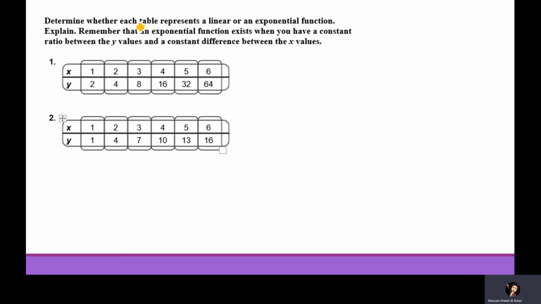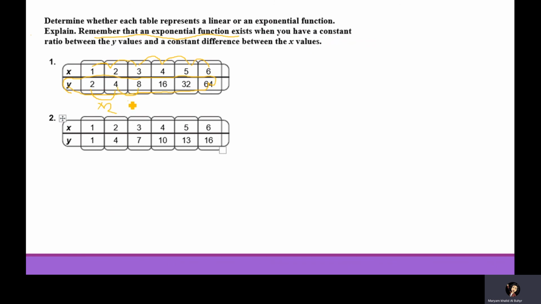So: determine whether each table represents a linear or exponential function. They reminded you here what the exponential function is. For both exponential and linear functions, we look at the difference between the x's, which is constant, by addition or subtraction. While here, our focus is only on y. If this is constant, I'm fine. What is the pattern here? You will notice that here we multiply by 2.